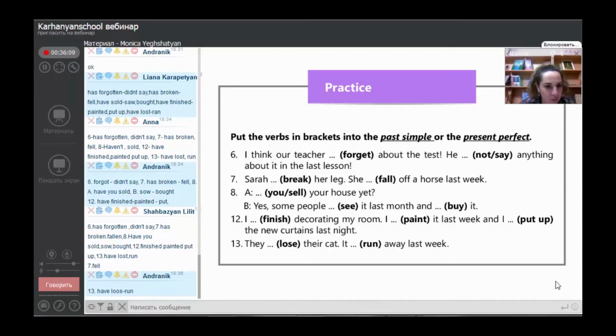Okay, and Monique. Okay. Lilith, be careful. Sentence number 7.